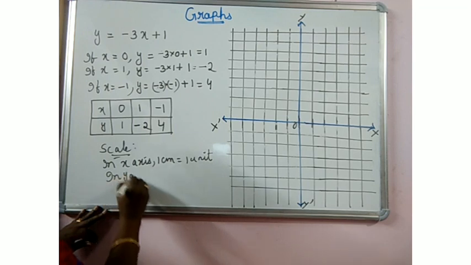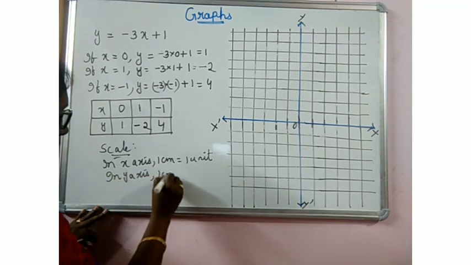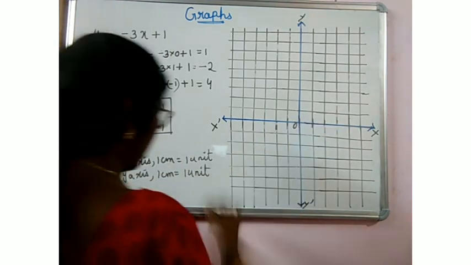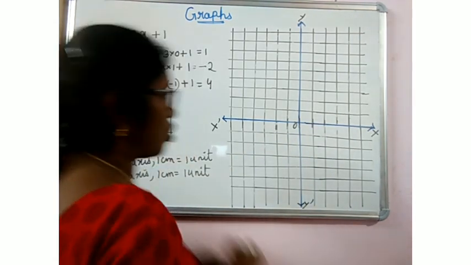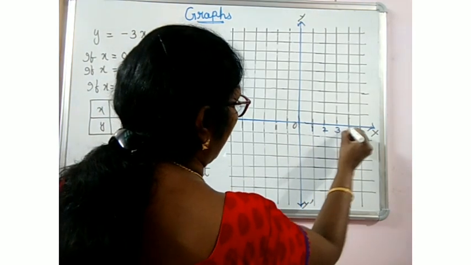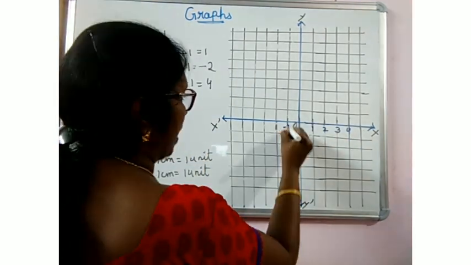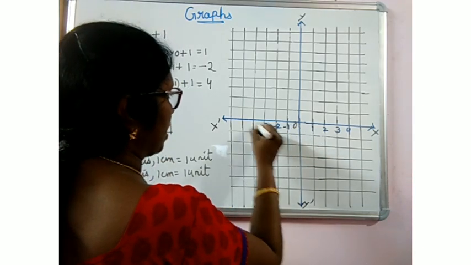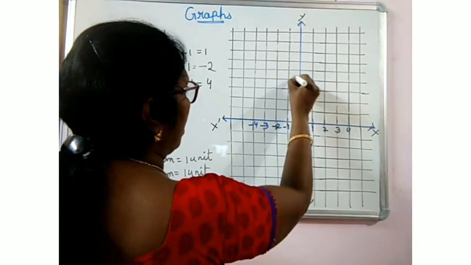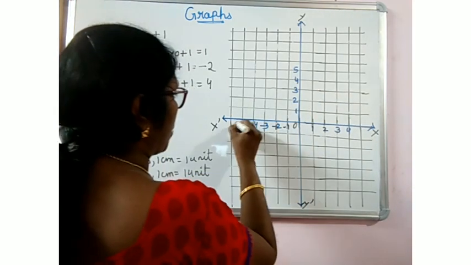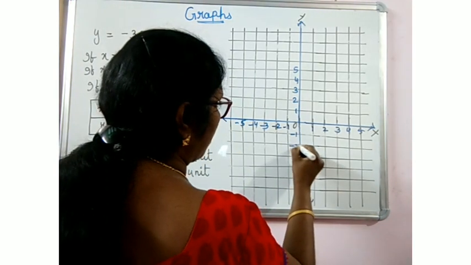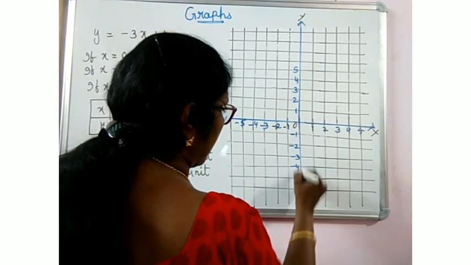In the y-axis also, 1 cm equal to 1 unit I am taking. So as per that, let me note. Here this is 1, 2, 3, 4. Minus 1, minus 2, minus 3, minus 4. On the y-axis, 1, 2, 3, 4, 1 more you can take, no problem, 5. Minus 1, minus 2, minus 3, minus 4.